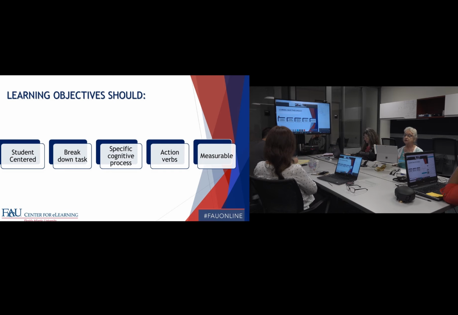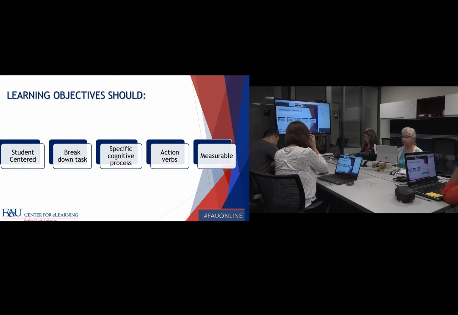As Enid mentioned, the course level objectives are broader, and the module level objectives break the tasks down into smaller, easier to manage pieces. And they typically should identify the specific cognitive process that's going to be taking place. They use action verbs and most definitely are measurable.